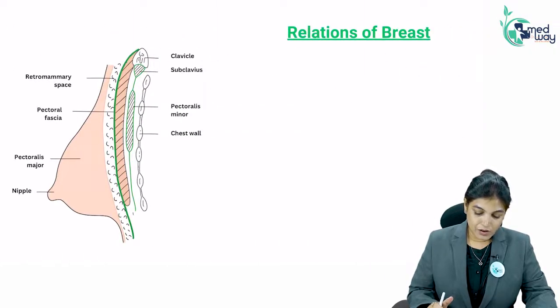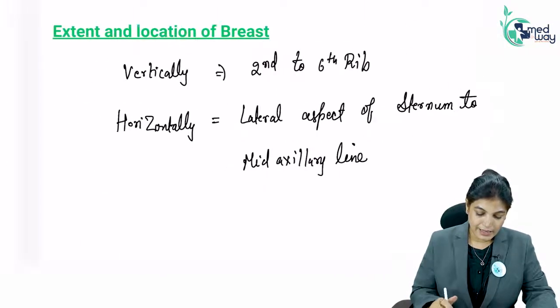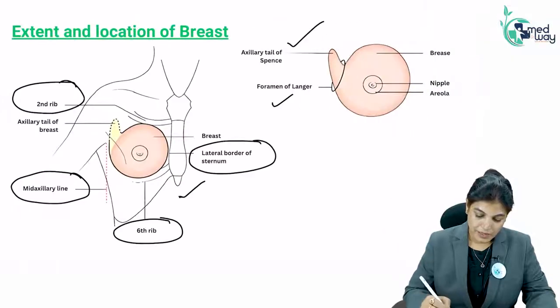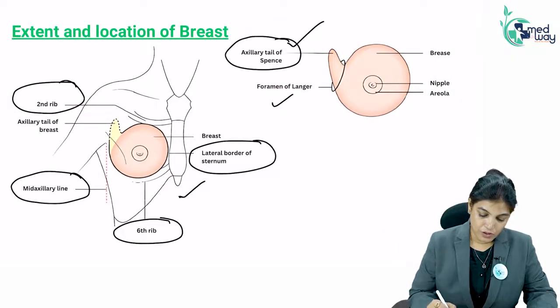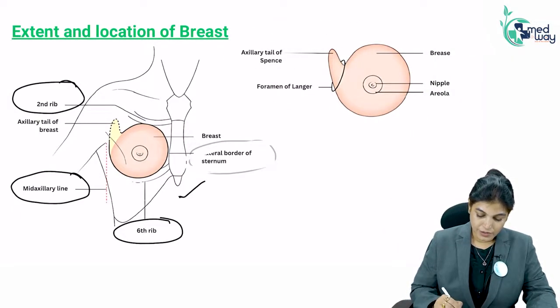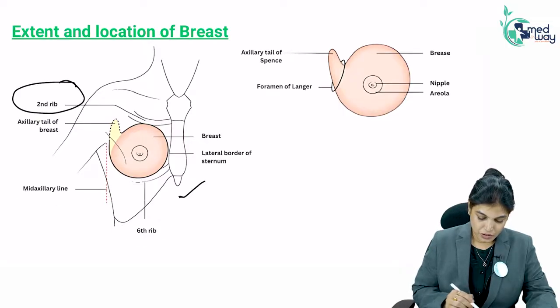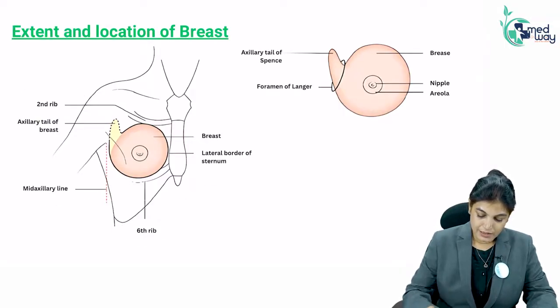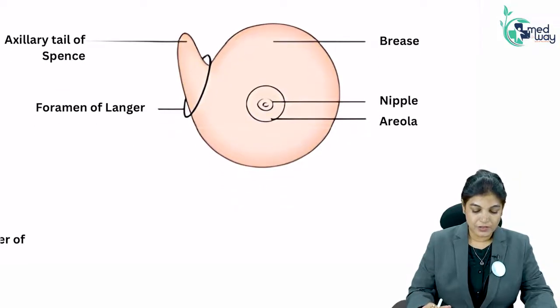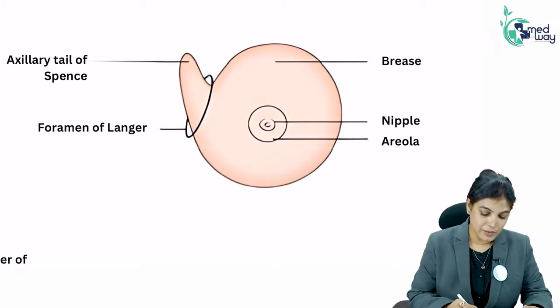Other than that, I told you about the superolateral quadrant, so I want everybody to focus on this image. As you can see, this is the breast, a hemicircular bulge in the anterior aspect of the chest.